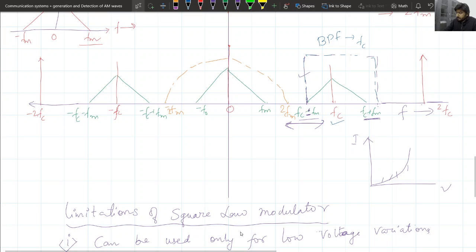Now this frequency spectrum, which has a maximum frequency of 2 fm, and this is a band pass frequency of our interest. Now these two frequency spectrums should not overlap. Otherwise, the filter will suffer distortions.